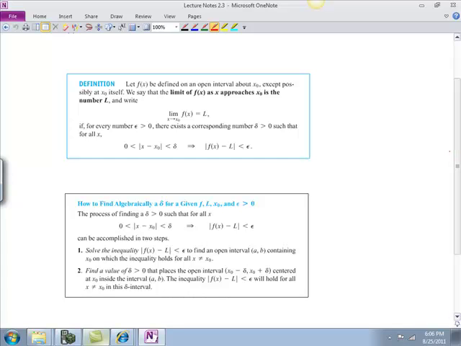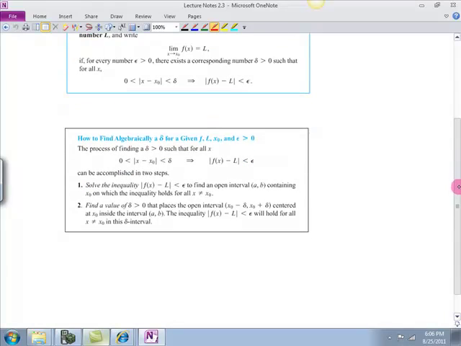We're not going to spend a tremendous amount of time, but we are going to do this algebraic thing. So here are the rules: how to find algebraically a delta for a given function, limit, x sub 0, and an epsilon. You're going to be given some things, and you've got to find this item. Number one, you're going to solve an inequality, f of x minus the limit less than epsilon.